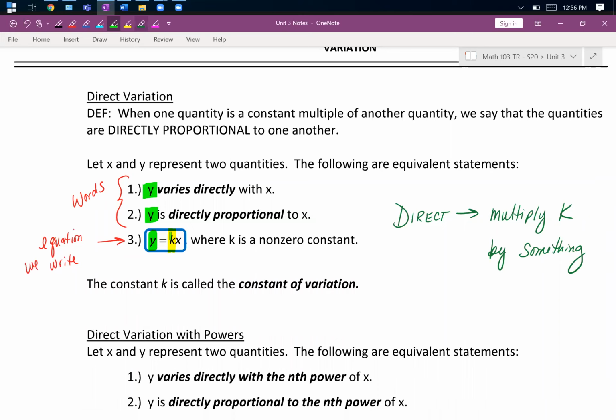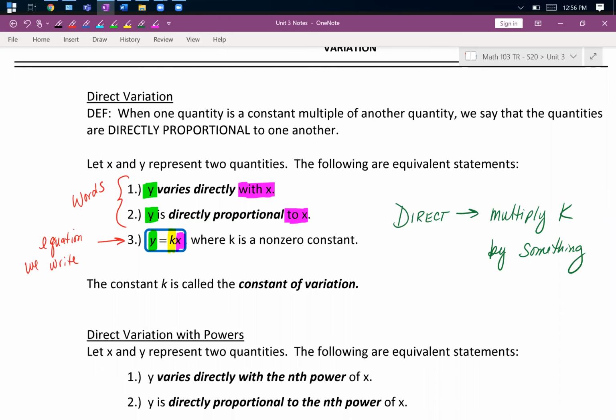And then the variable that comes after our varies directly or directly proportional, that's what we're multiplying k by. So it's the first variable equals k times whatever the second variable is.